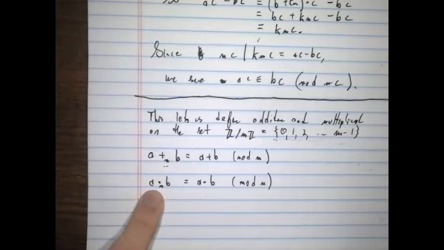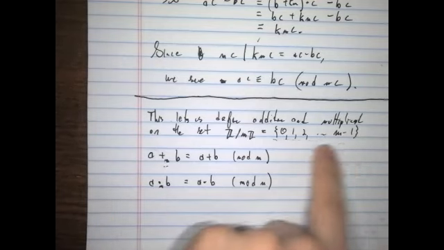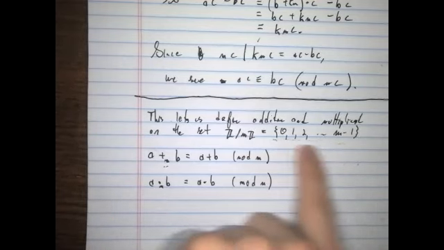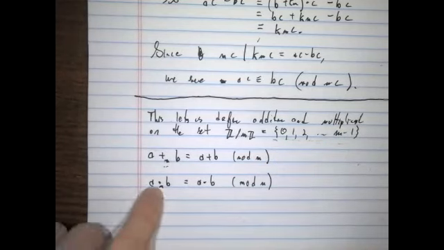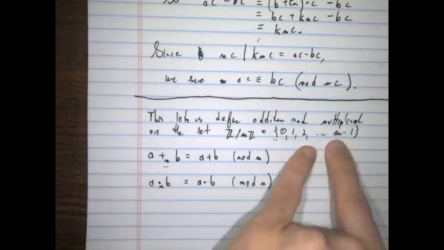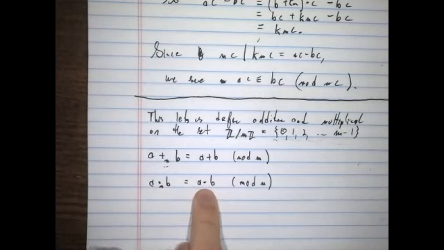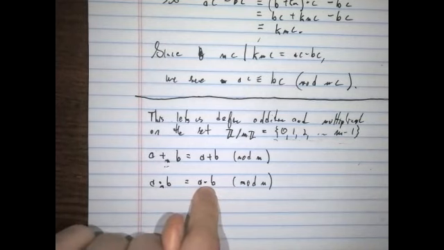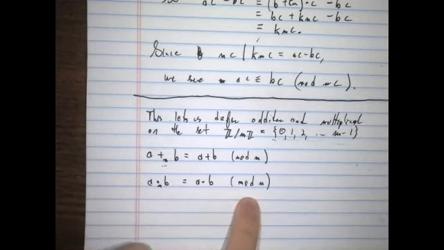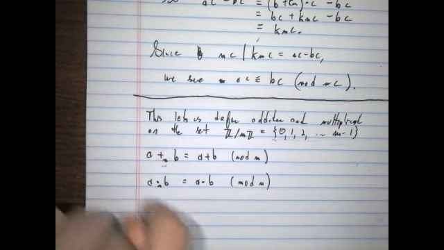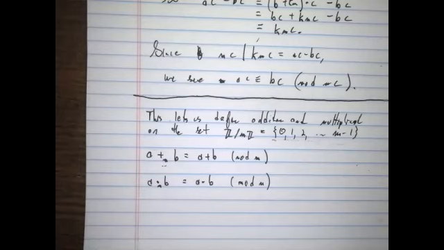Similarly here, I'm defining a multiplication on these elements. To multiply two elements in here, first you remember that they're actually integers and that we can multiply in the integers. You multiply them as integers, and then you take the remainder. Is this a reasonable thing to write? Is this okay, what I've described here? This is really a definition.